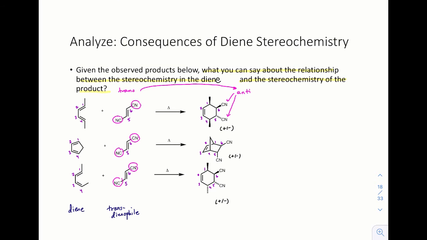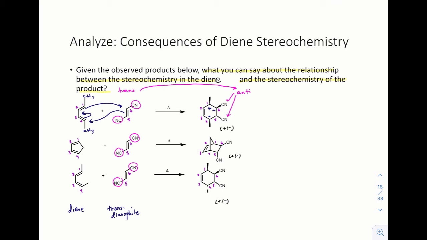We can assume that diene stereochemistry does affect the product as well, but it might be harder for us to think about how and what the patterns are, which is the point of this slide. Well, we can see in the first example that the methyl groups from carbons 1 and 4, keeping in mind that carbons 1 and 4 are the carbons that could become stereocenters in the product, and indeed that is the case here.